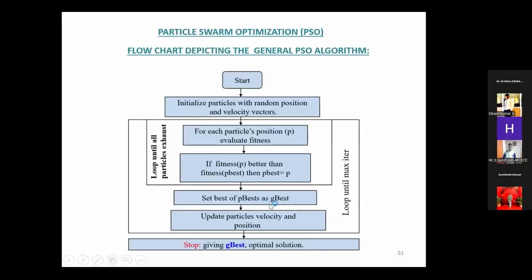Set the best of the personal bests as the global best, then update particle velocity and position, and finally you will get the global best, which is the optimal solution. That time you will stop. Here, loop until all particles are exhausted. Similarly, this loop runs until the maximum iteration is reached. So this is a flow chart depicting your PSO concept.